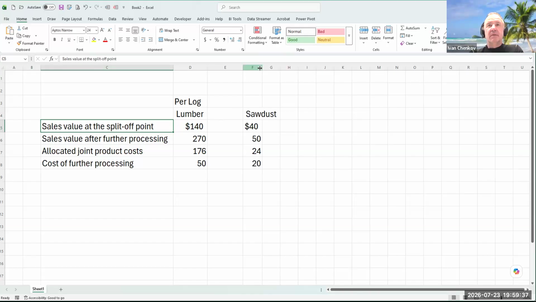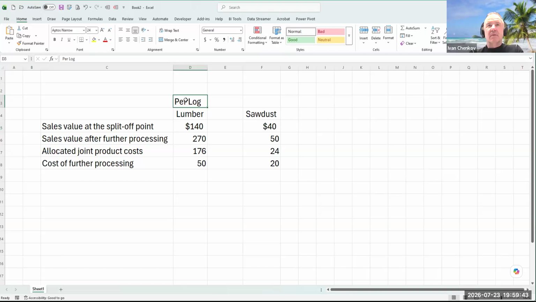And as we can see, per log, we have the lumber and we have the sawdust.